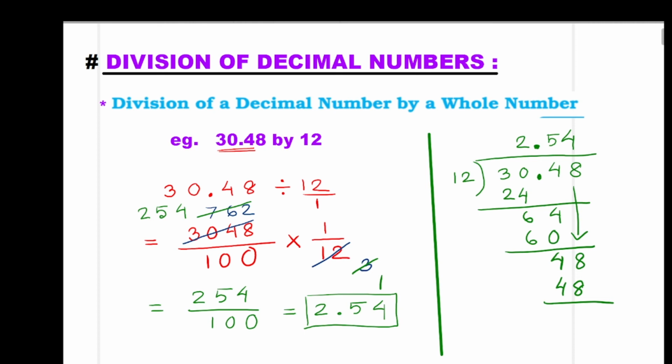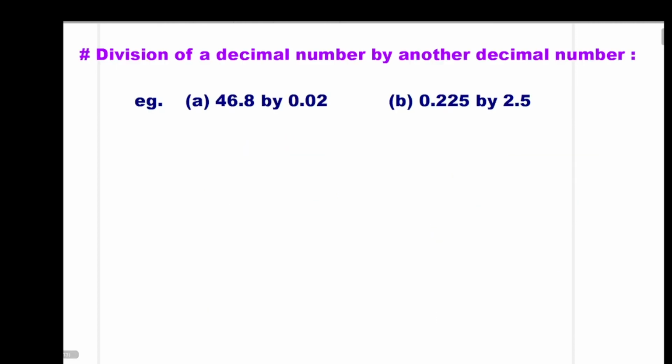Okay, come to the next topic, division of a decimal number by another decimal. Here you have to apply that method: convert both the decimals into fractions. So 46.8 divided by 0.02. Just convert 468 by 10, divided by 2 by 100.